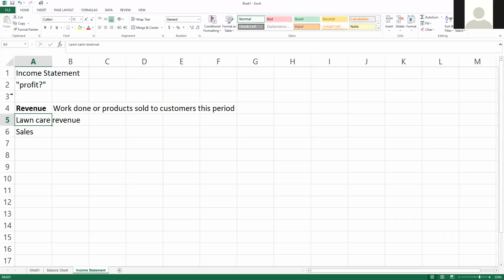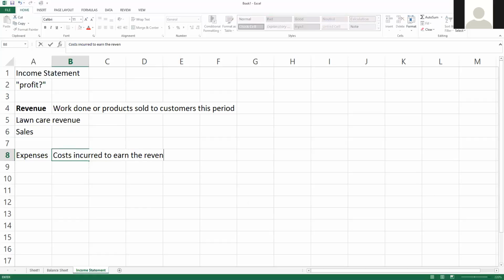So your income statement will have revenue on it. It'll also have expenses. Expenses are the costs incurred to earn the revenue. So what costs did you incur while you were doing the lawn care or while you were selling products?